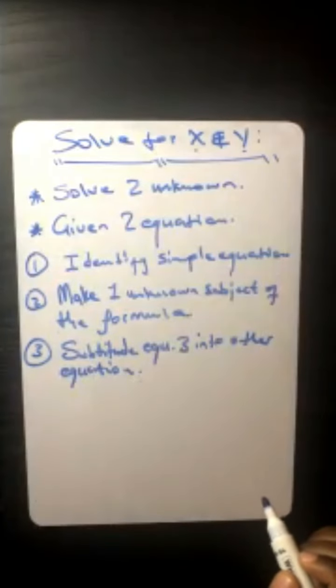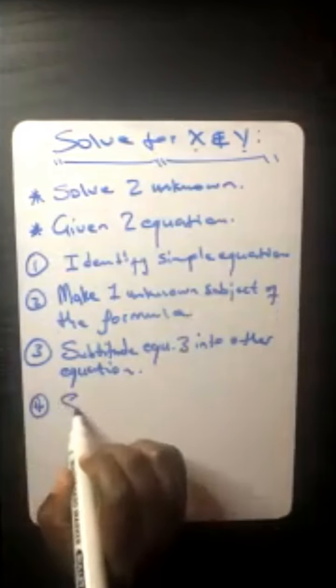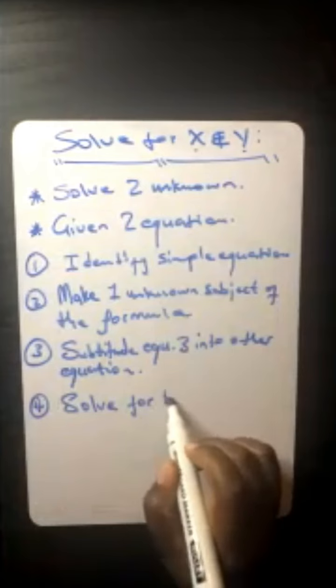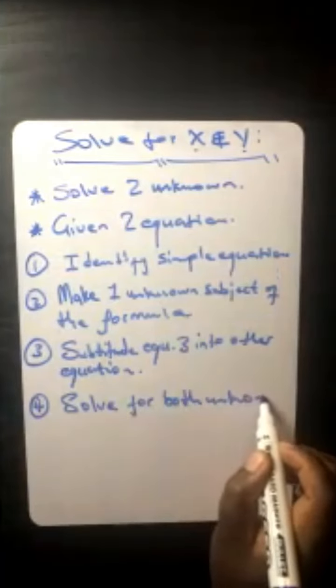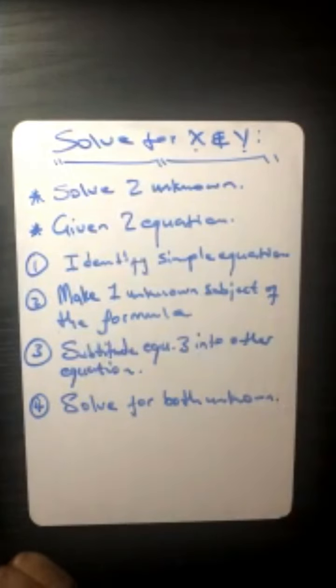And then step number 4, you solve for both unknowns. So guys, in case you were not writing, you can still take a screenshot of all of these notes that I wrote over there.